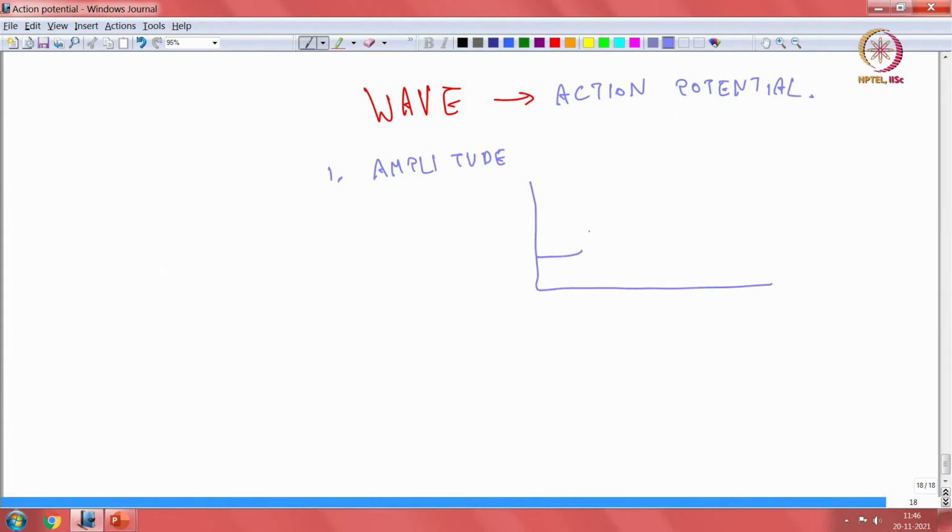I showed you that it goes like this, comes down back, and then it goes like this back. So minus 70, 0, plus 30. Now this is in a segment of the membrane.